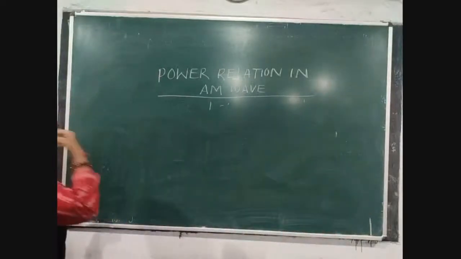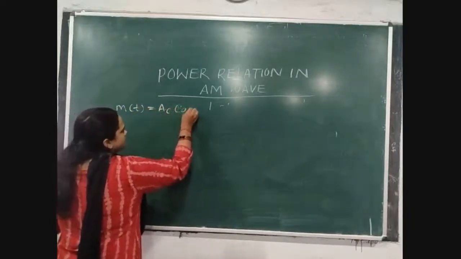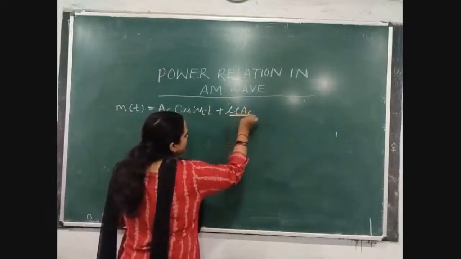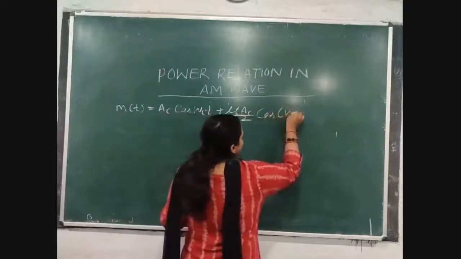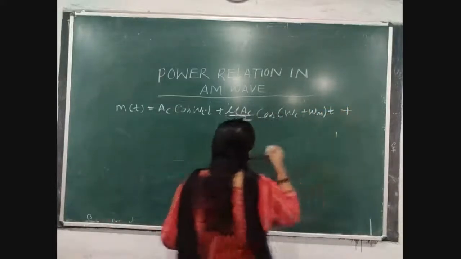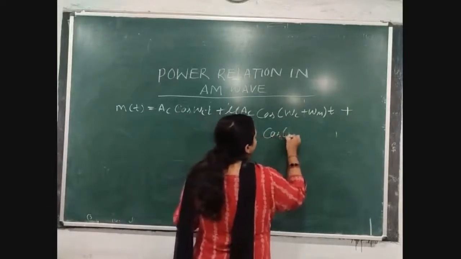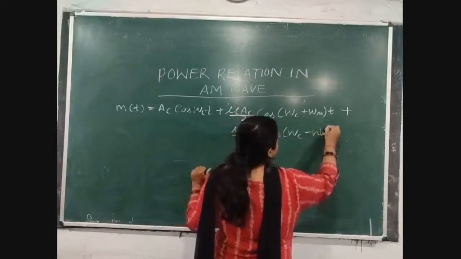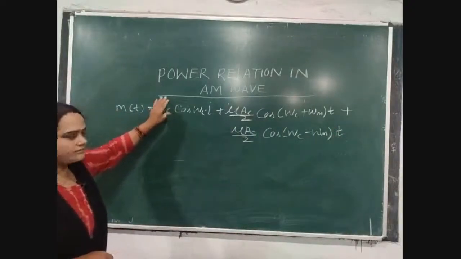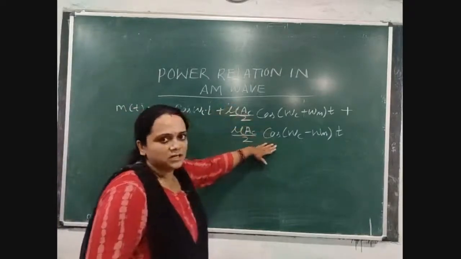From today's derivation we get m of t equal to Ac cos omega ct plus mu Ac by 2 cos omega c plus omega m t plus mu Ac by 2 cos omega c minus omega m t. This first term is the equation of the carrier signal, this one is the upper side band, and this one is the lower side band.